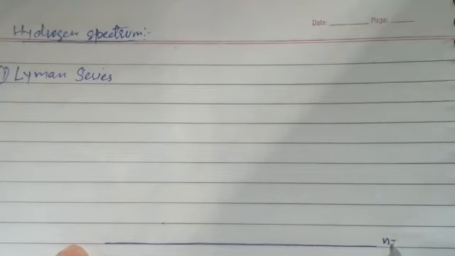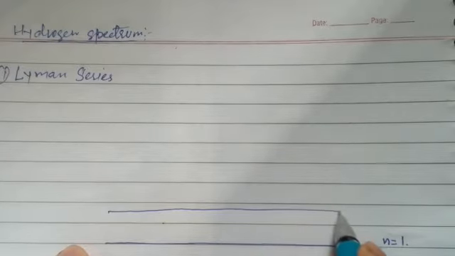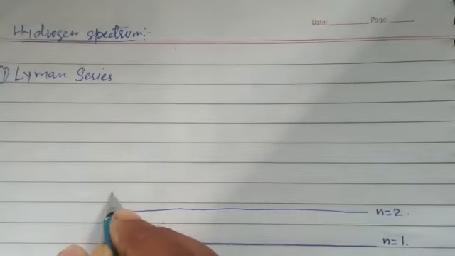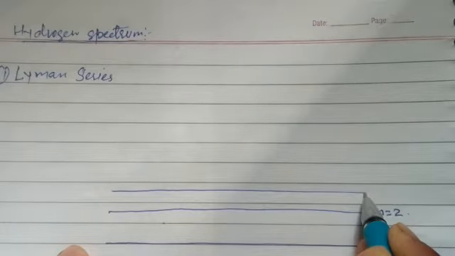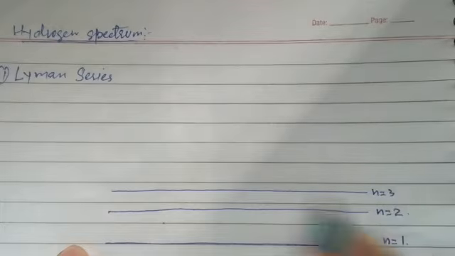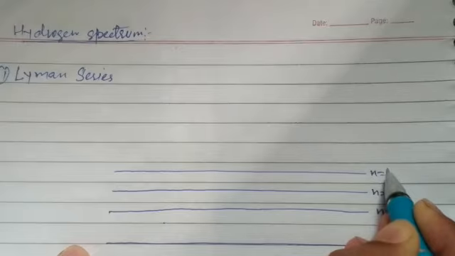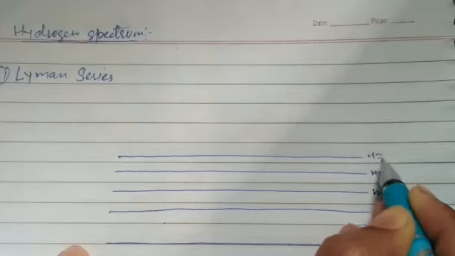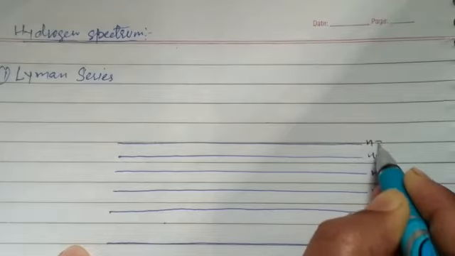This will be the n is equal to 1 energy level. This will be the energy level corresponding to n is equal to 2. This will be the energy level for which n is equal to 3. n is equal to 4, n is equal to 5, n is equal to 6.